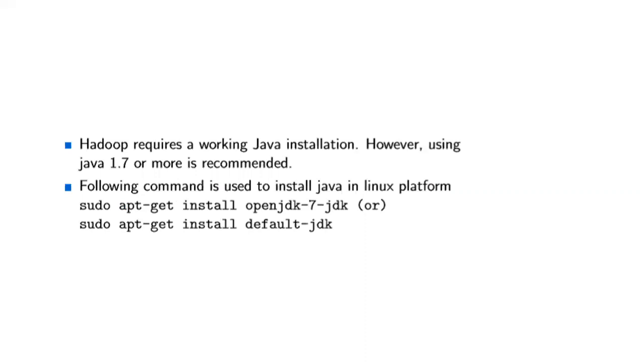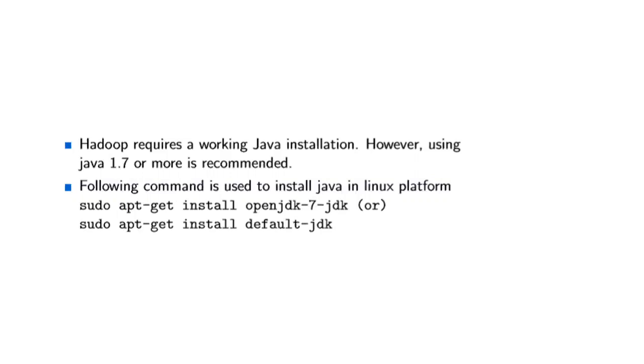For this purpose, we are downloading OpenJDK in the Ubuntu Linux environment. By using the command sudo apt-get install OpenJDK, entered at the command prompt in your Ubuntu operating system, or else you can also use sudo apt-get install default-jdk.